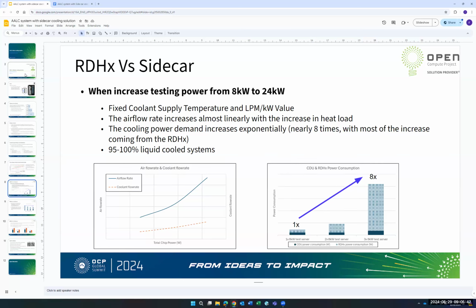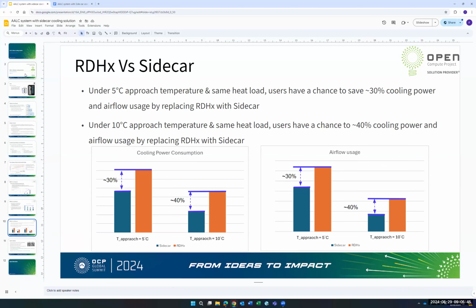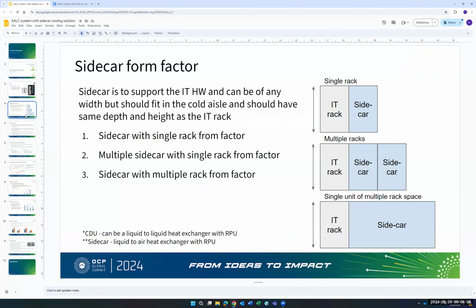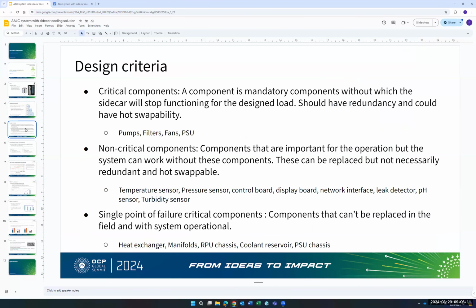There is one more slide that's been added under 5% approach, cooling power consumption and airflow usage. These results look at least good for a conversation. But in terms of the design criteria, I still want to see what we could add for the next final presentation.